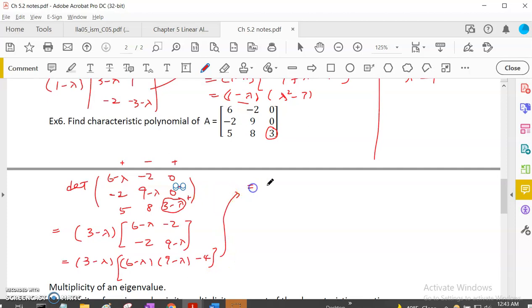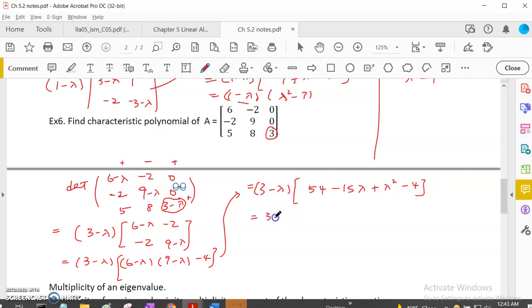To solve it, or if they just want a polynomial, we can do polynomial. We can solve it actually. 3 minus lambda, and then that would be 54 minus 9 minus 6 minus 15 lambda plus lambda square minus 4.